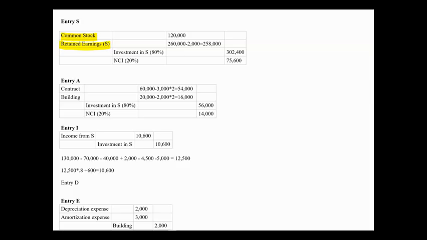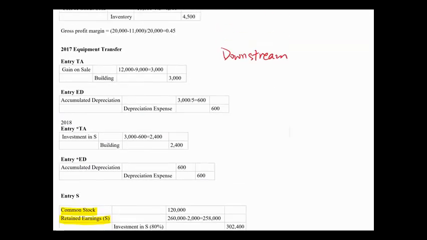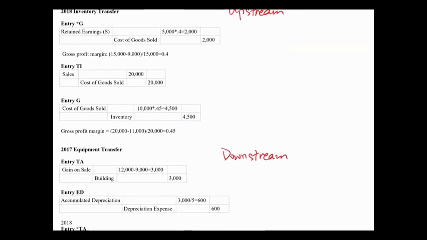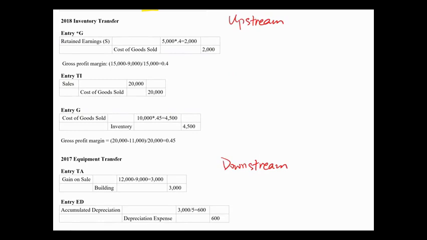So this $2,000 deduction comes from entry *G, because at the beginning of 2018 we used entry *G to recognize deferred gross profit due to this inventory transfer, and this is an upstream transfer. So the amount we adjusted here is related to the seller, and the seller is the subsidiary company.